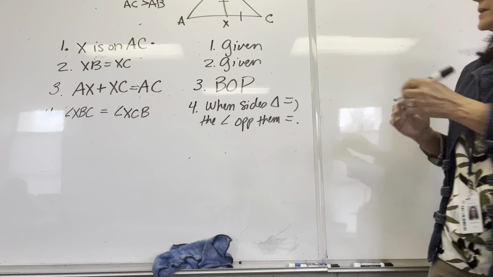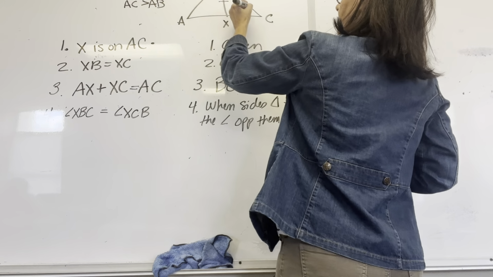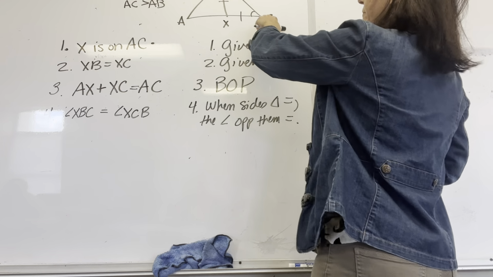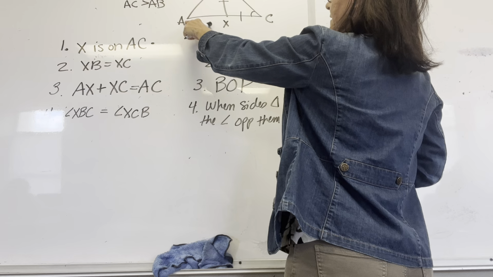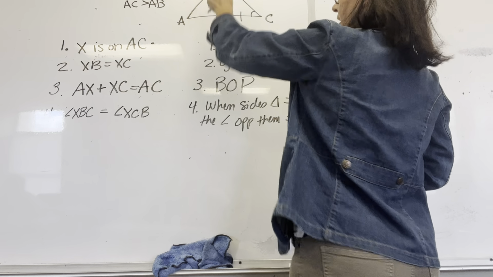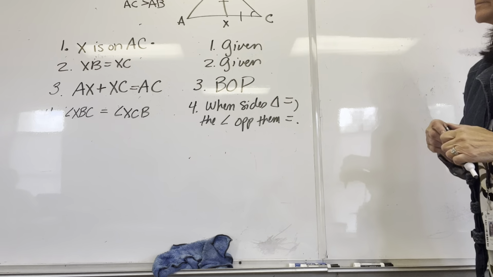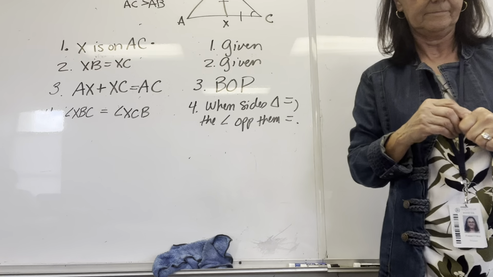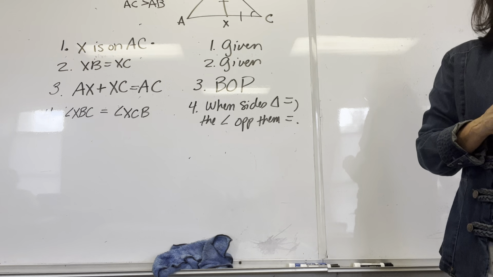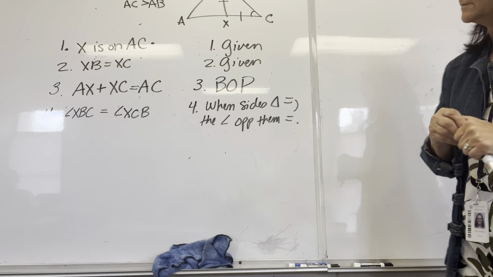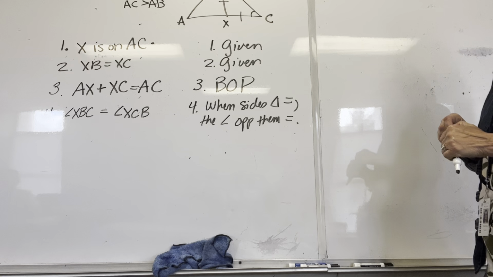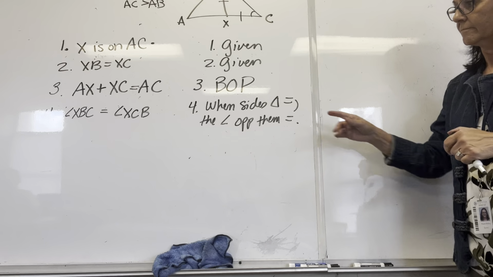All right, so we have some equal angles here. I want to get AC greater than AB. Where am I going from here? Should we write the name of the theorem on number 4 instead of writing that?